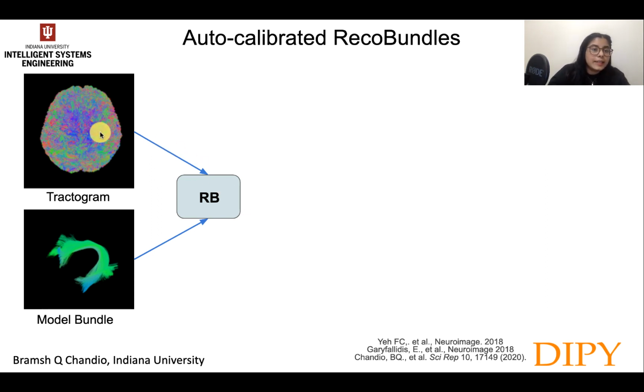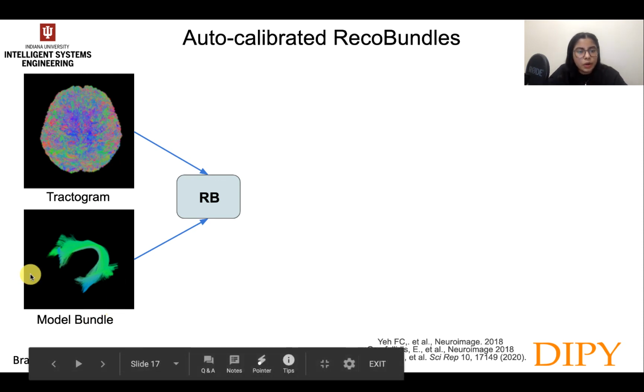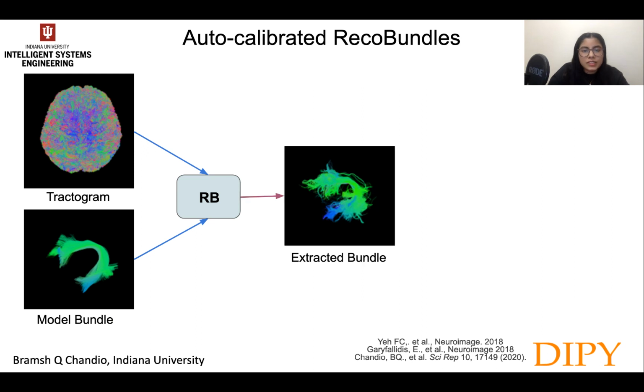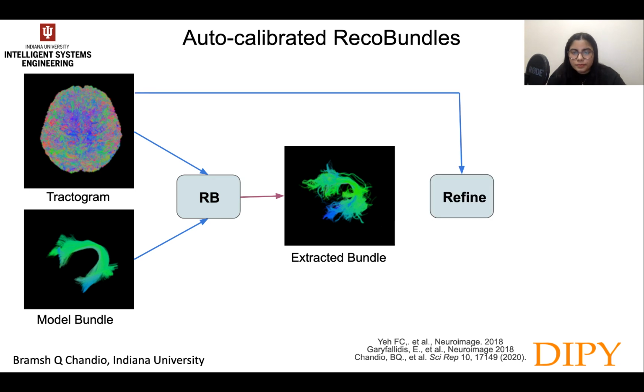RecoBundles takes a tractogram, which is now in the MNI space, and a model bundle, and it extracts the bundle that looks like the model bundle in our input data. We added another step. After we have extracted this bundle, we do the refinement step where we give the input tractogram again, and now this extracted bundle becomes a new model bundle.